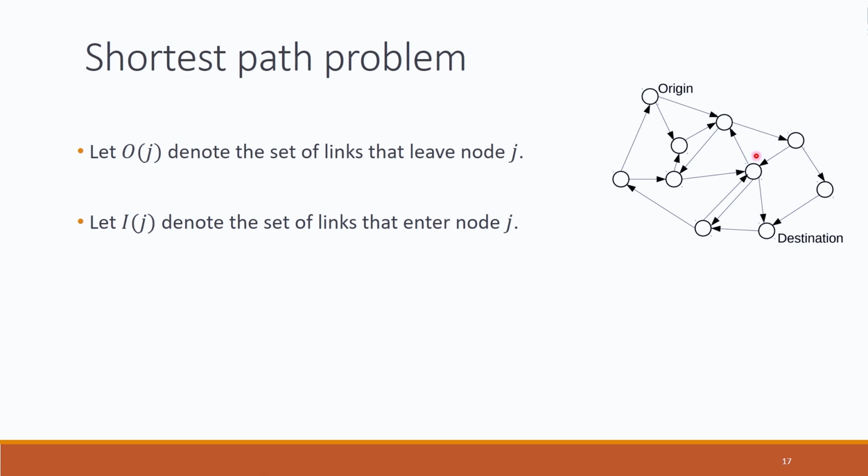Because you can also think that O_J is the set of outgoing links from node J, and similarly I_J is the set of incoming links to node J.